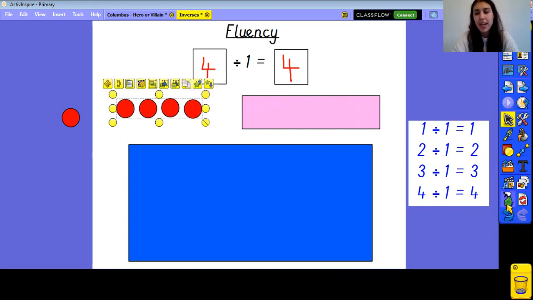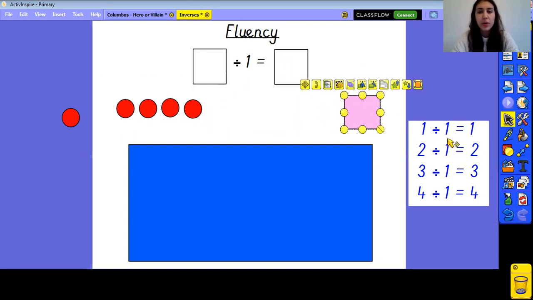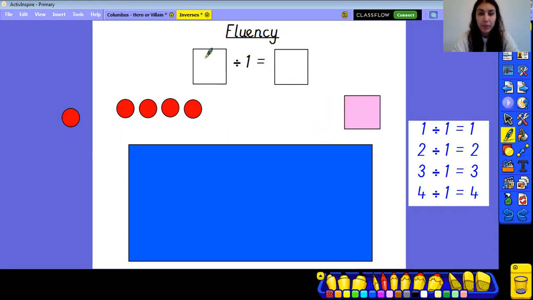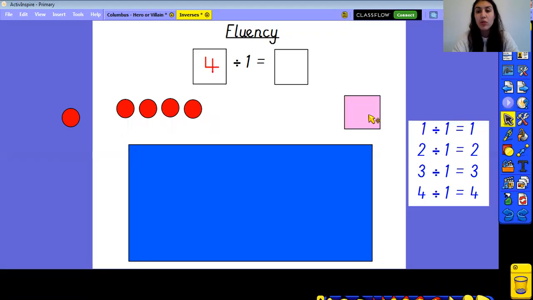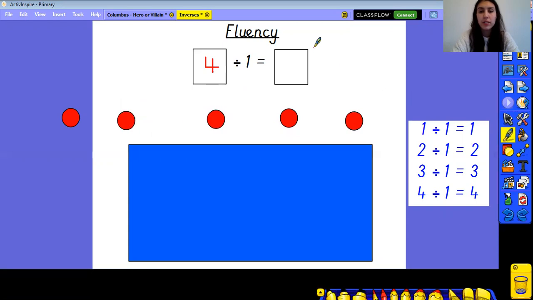Or if we looked at it in terms of grouping, for example. So let's have a look at 4. And we're saying 4 being grouped into ones. Well, I would make 1 group of 1, 2 groups of 1, 3 groups of 1, 4 groups of 1.